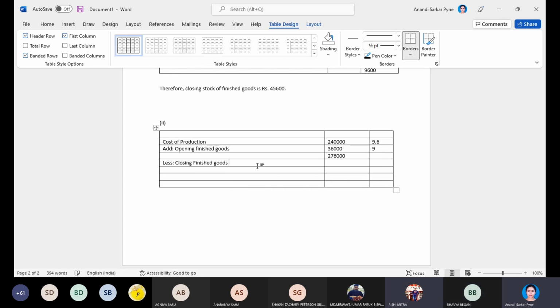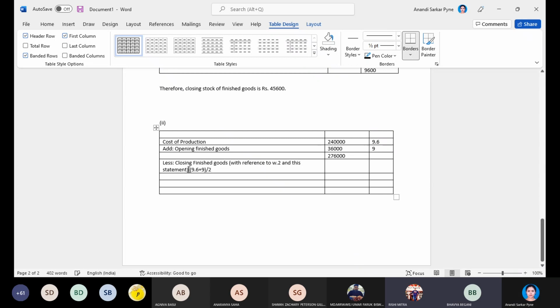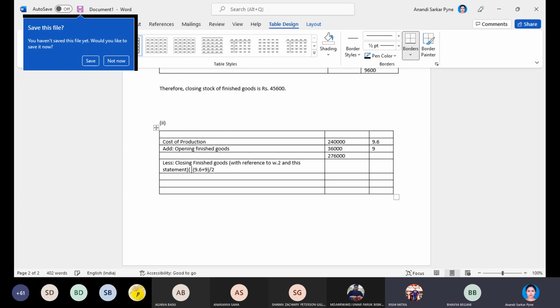So you will mention over here, with reference to workings and this statement, 9.6 plus 9 divided by 2 multiplied by this one, 24,000.